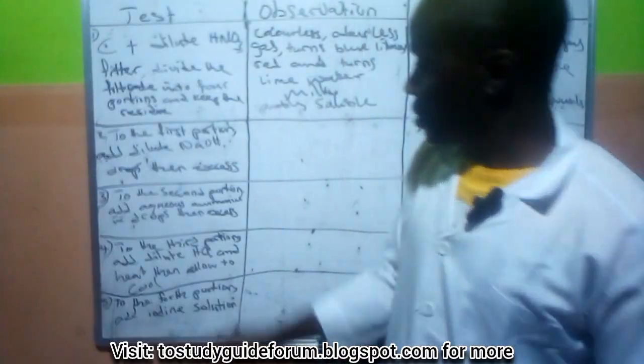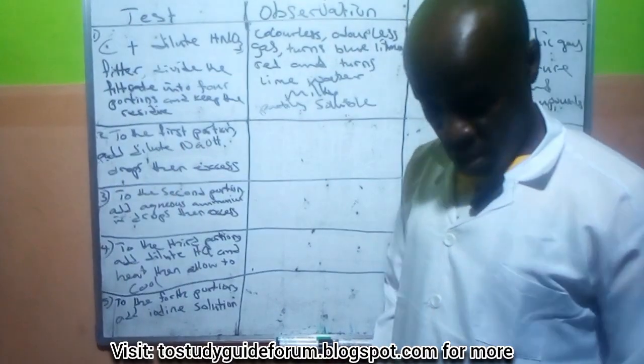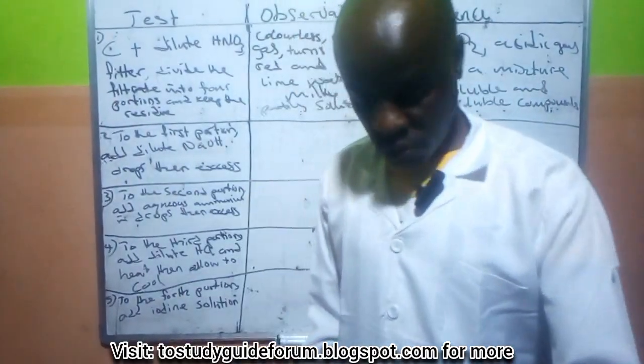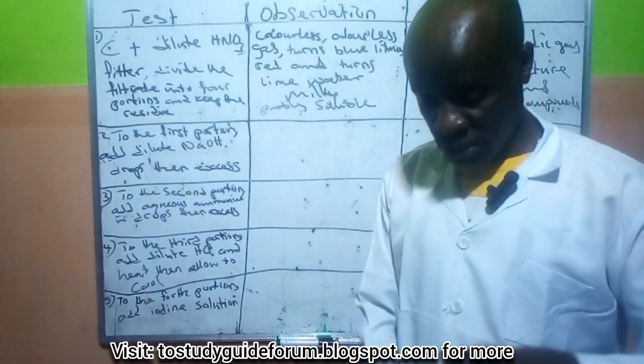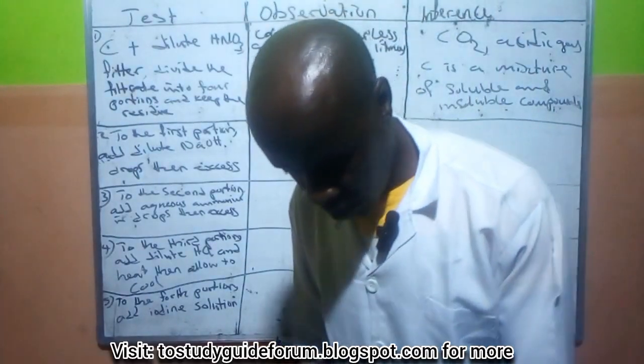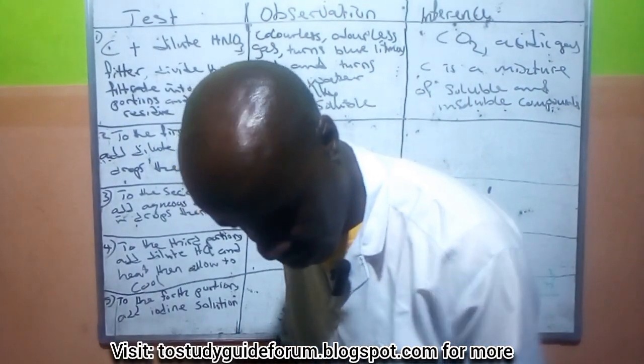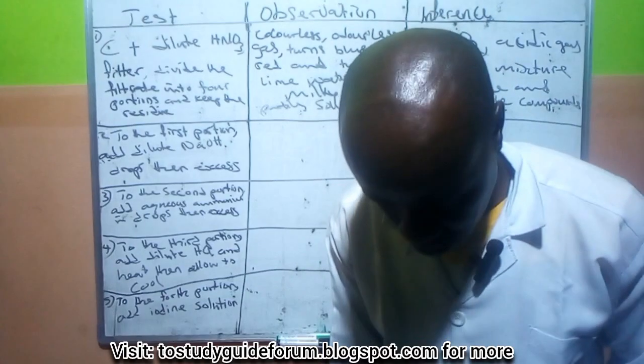So now the first portion, add dilute sodium hydroxide in drops and then in excess. So let's see what we can do. When we add in drops, what will happen?